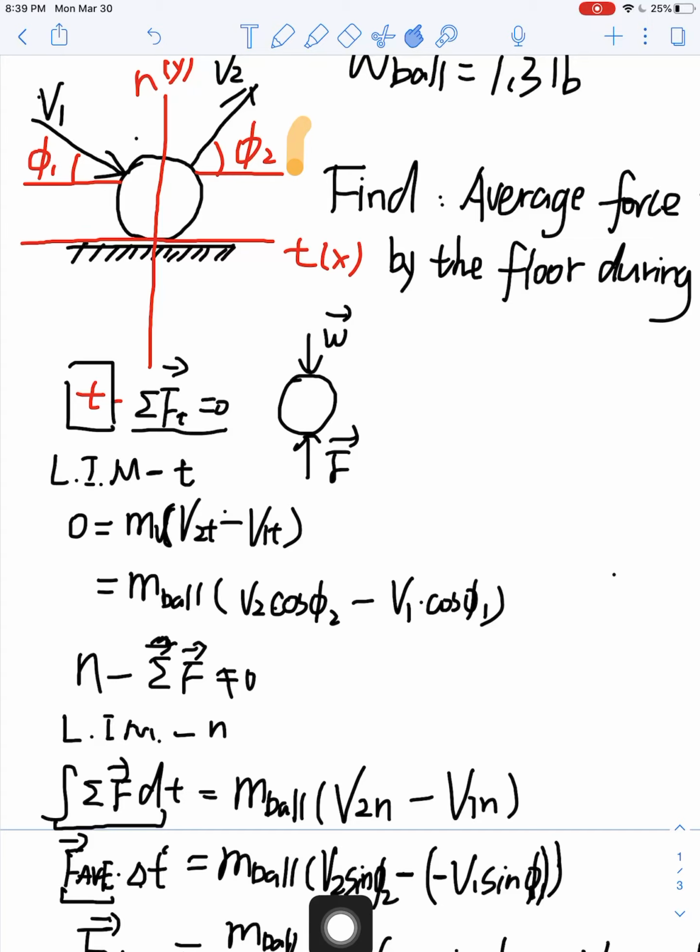Then we can plug those velocities in n direction into our equation. We're going to have m times v2 sine phi2 minus negative v1 sine phi1.